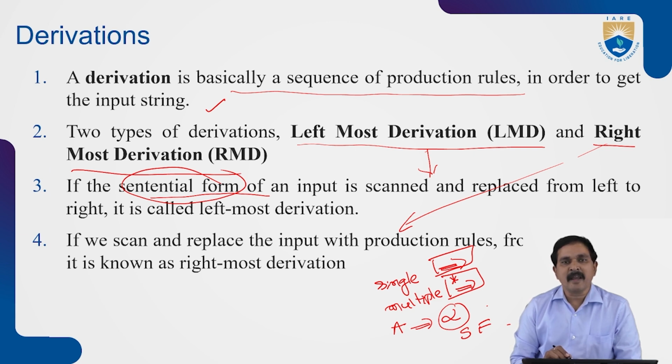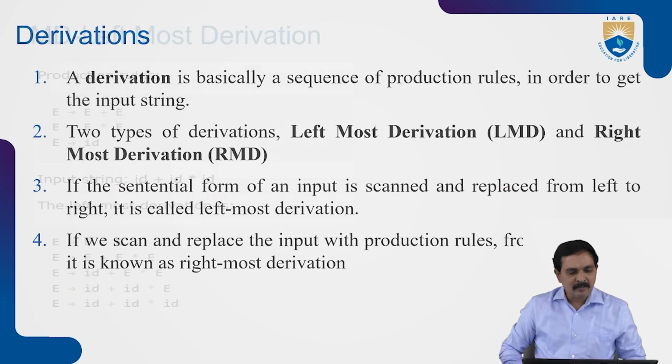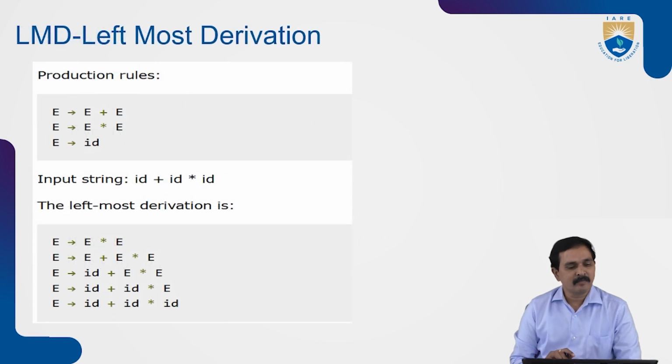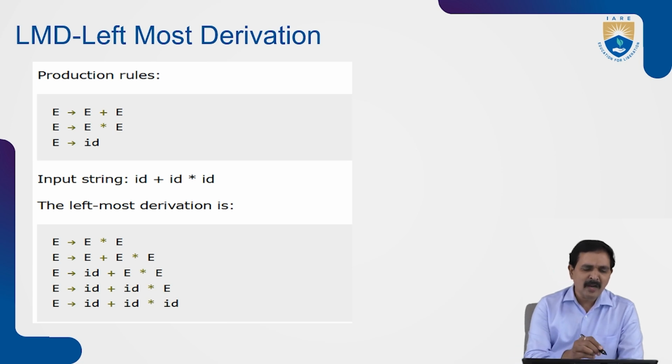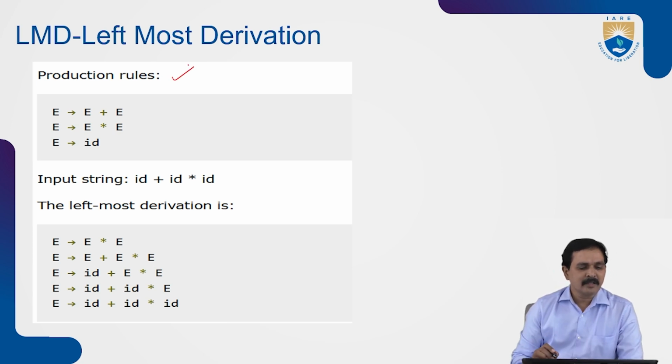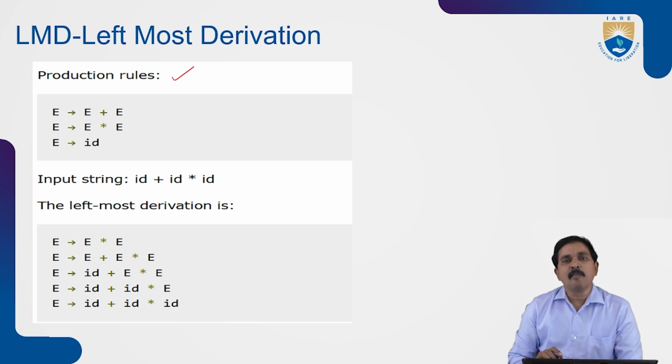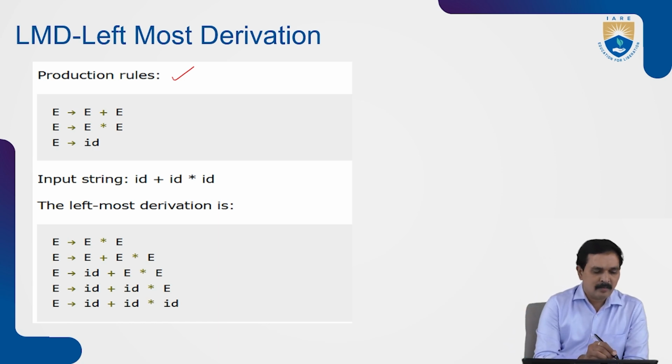The other case is rightmost derivation, where the replacement is done at the rightmost non-terminal. So now we will see some examples for understanding LMD, leftmost derivation, as well as rightmost derivation. Three different production rules are given: the first rule is 1, the second is 2, the third is 3.